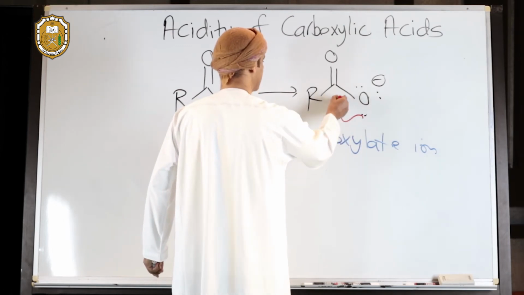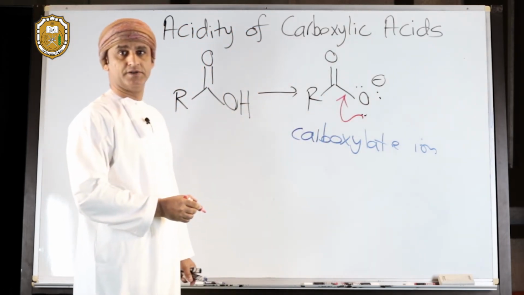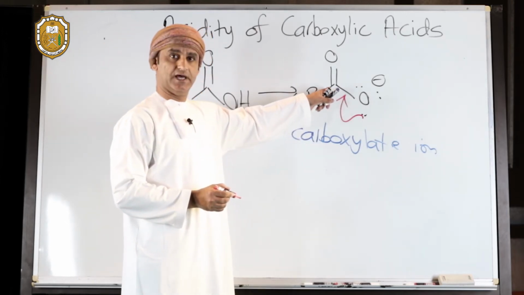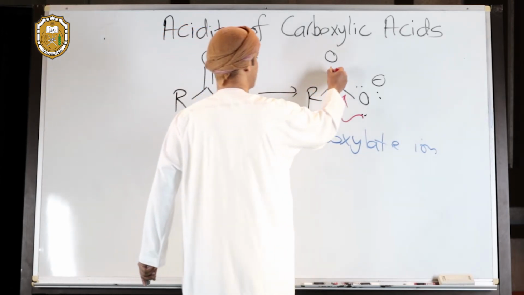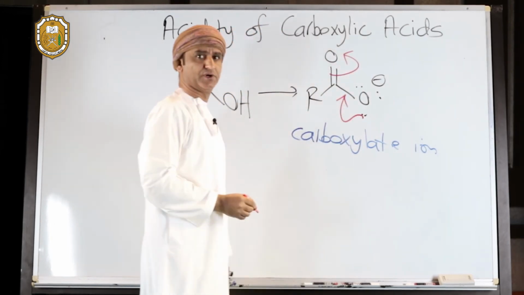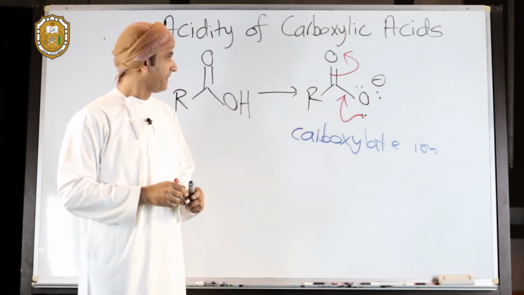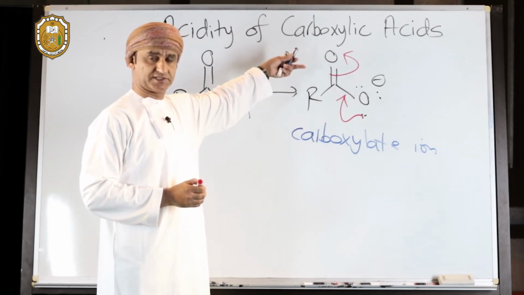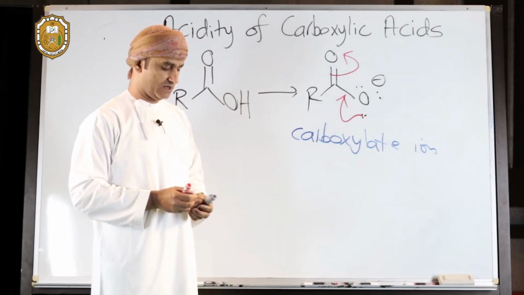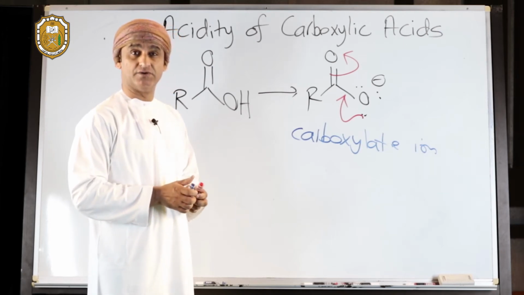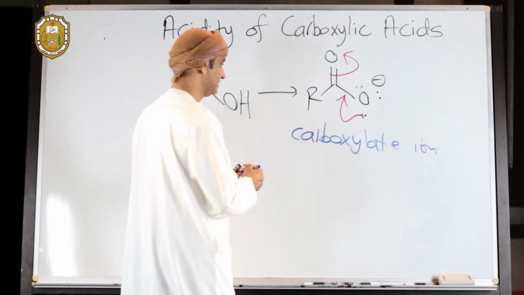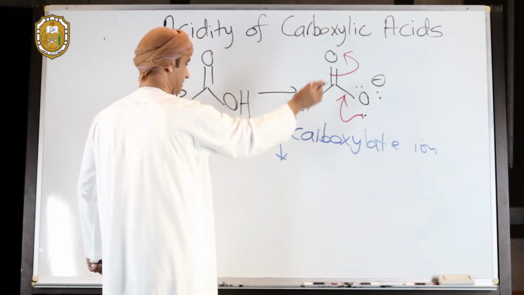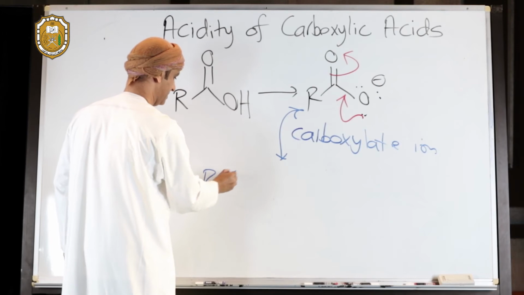You can take one of the lone pairs on the negatively charged oxygen to make a double bond between oxygen and this carbon, and simultaneously that carbon-oxygen bond must be broken, so electrons are released onto oxygen. If we do that, we get another resonance form for that carboxylate, which is this one.